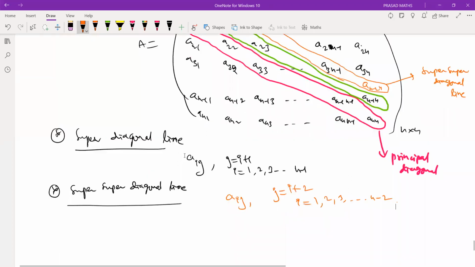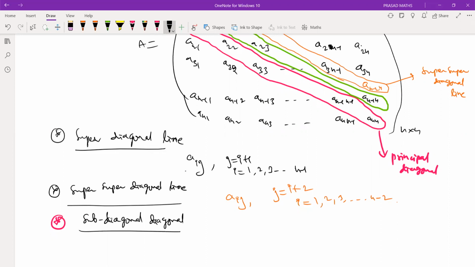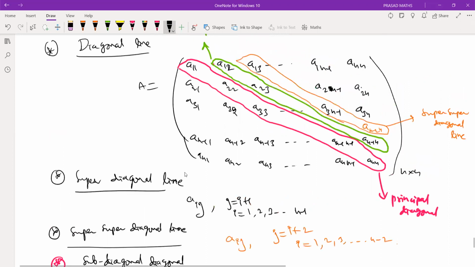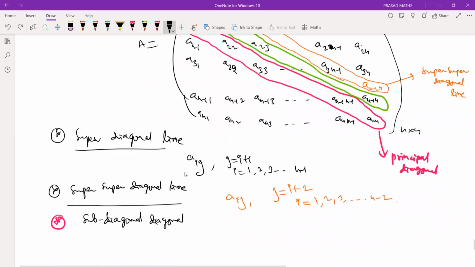Similarly, subdiagonal elements. Tell me, what is the subdiagonal? This one. This is my subdiagonal.